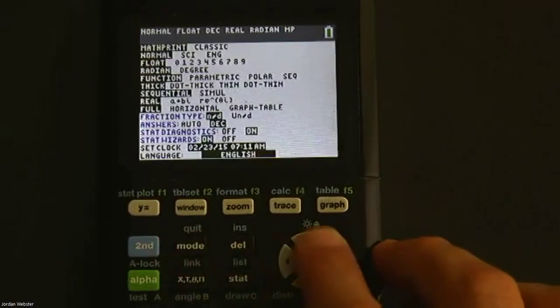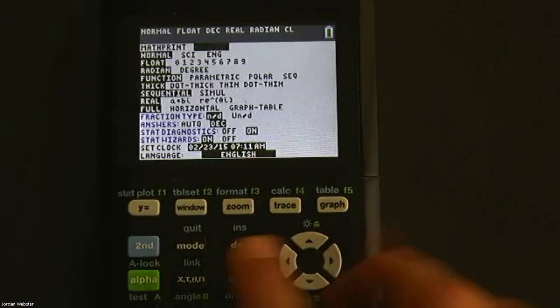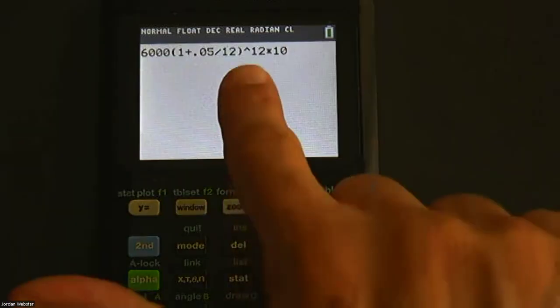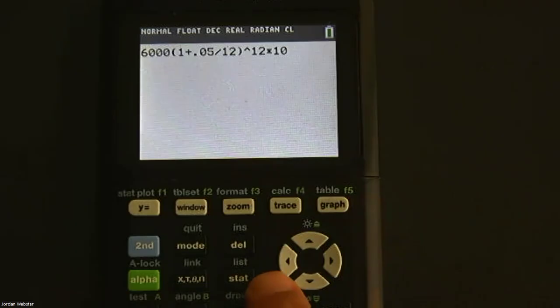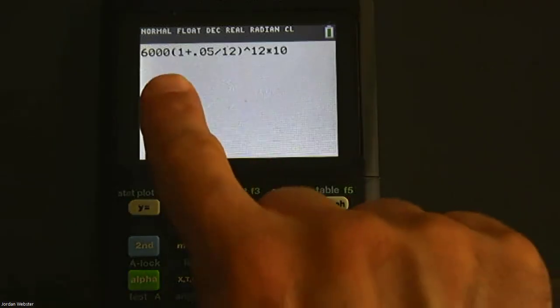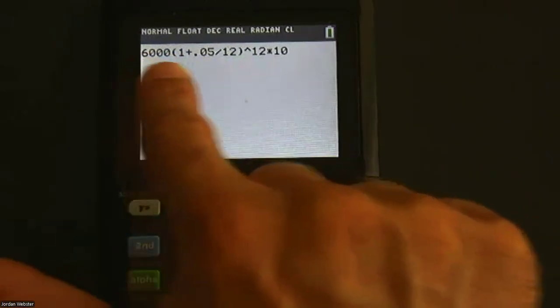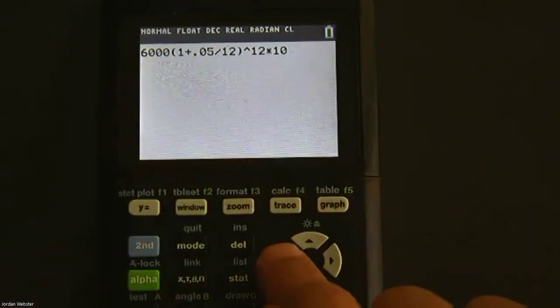However, if you're in the classic mode on your calculator, then when you plug in those numbers, you have to be really careful about how the exponent works. If I do this, I will get the wrong answer because it thinks I want to take an exponent of 12 and then multiply this entire thing by a 10.